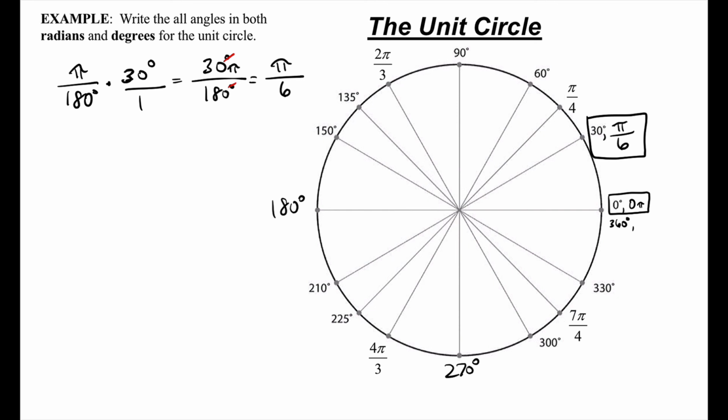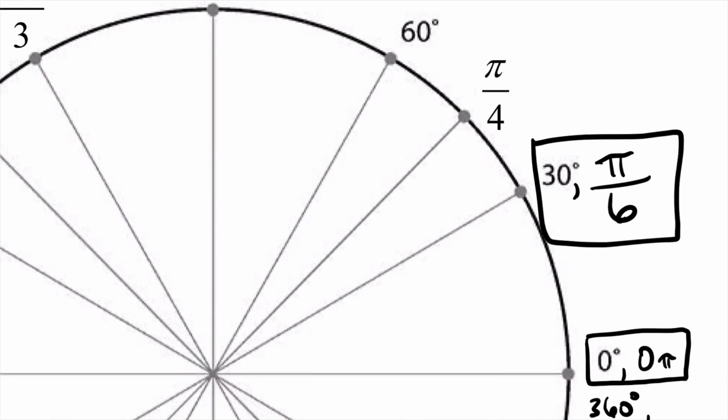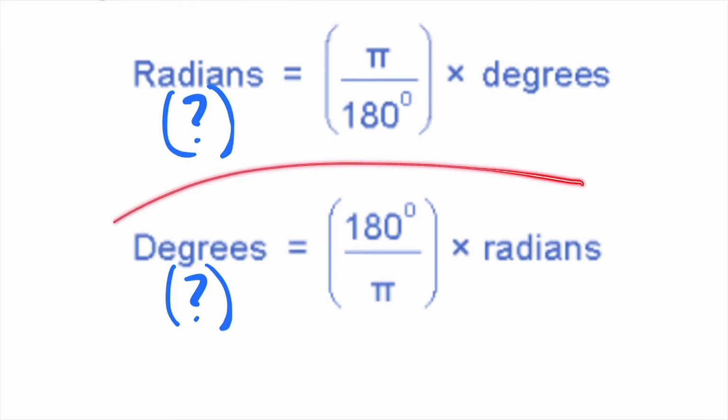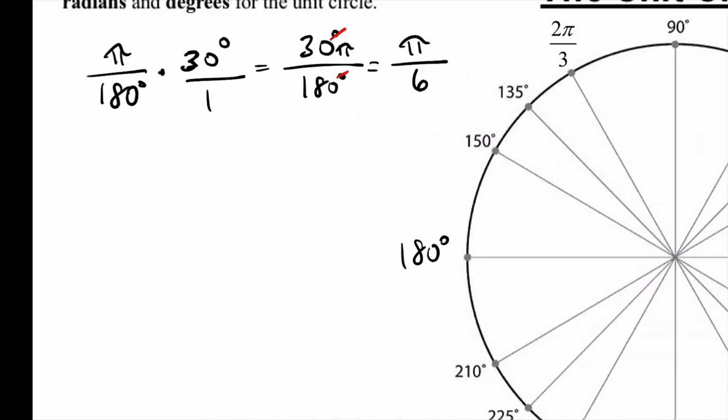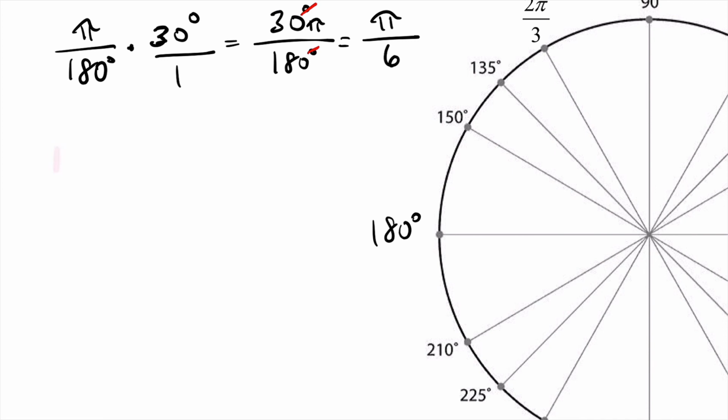Okay, let's do the next one together. The next one, the one above it, the next dot is pi over 4. Well, since pi over 4 is in radians, I need to find degrees. So if I need to find degrees, I'm going to use the bottom one, which is 180 degrees divided by pi, times pi over 4.